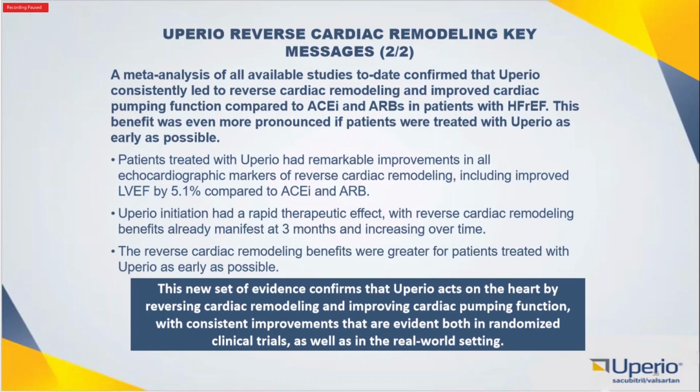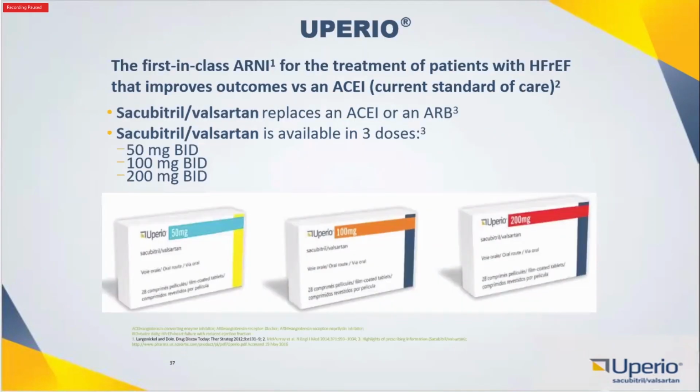And we should remember that it has a rapid therapeutic effect within just a few weeks, and that these benefits were greater for patients treated as early as possible. So you don't need to wait for the patient to leave hospital. You don't need to wait for the patient to come for 2 or 3 clinic appointments before you put them on this drug.